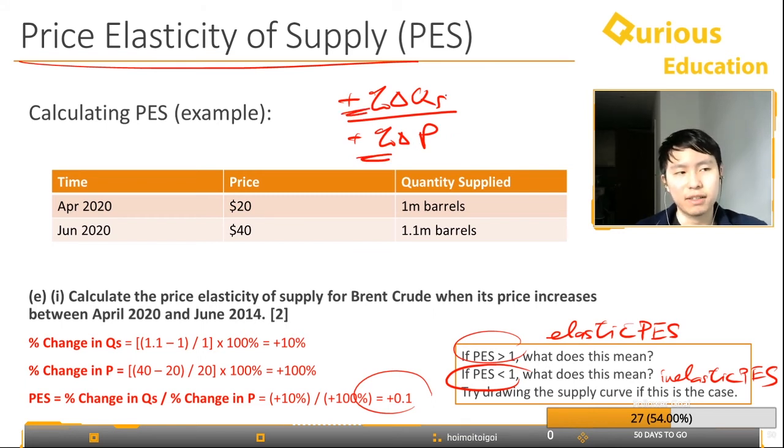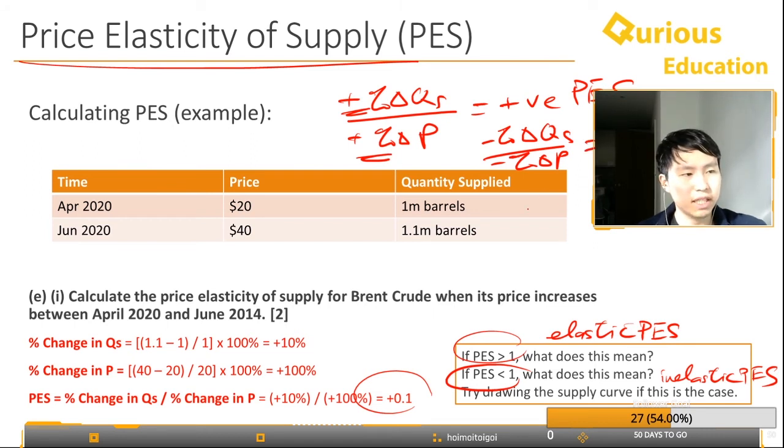That's just the law of supply. Then you would have a positive PES, right? And similarly, if your market price decreases in terms of the percentage, then you would have a decrease in the quantity as well. So then you would have a negative percentage change for both of them. And then again, you would have a positive PES.